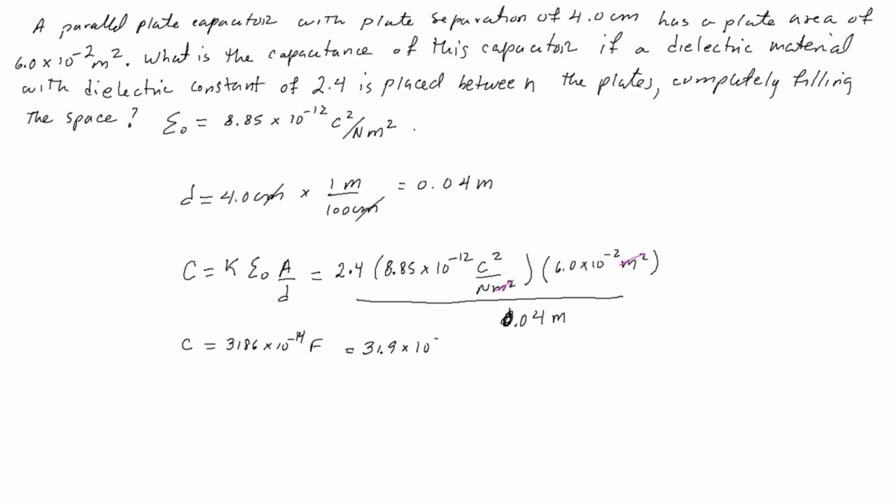Sorry, there is no 10 to the negative 2 here. And this is 1 picofarad. So 31.9 with two significant figures would be 32 picofarad. And that is the capacitance. Remember that 10 to the negative 12 is the prefix pico.